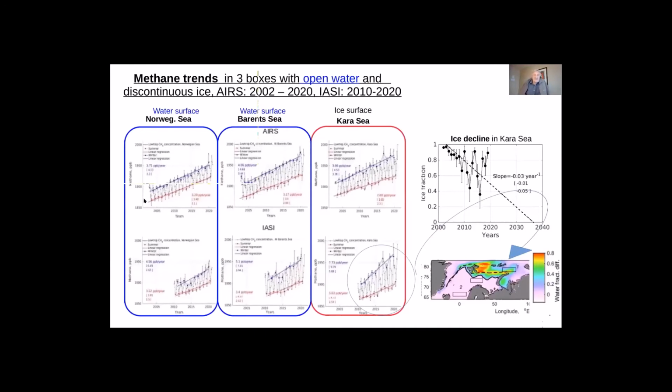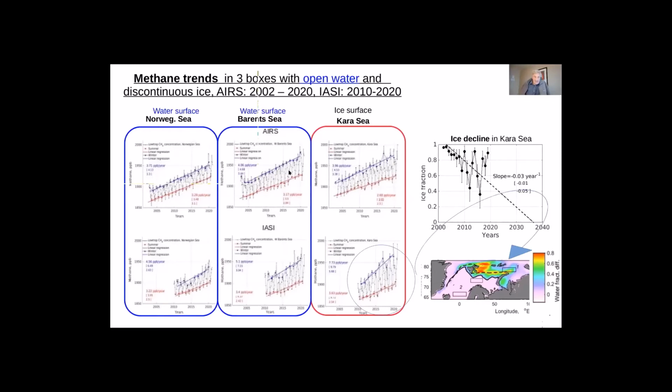Trends in 3 boxes for the whole period of measurements of Earth and EASI. It's a little bit shorter. For water surface and ice surface. For Kara Sea, Barents Sea, Norwegian Sea. And we see that in the Norwegian Sea especially, trends in winter and summer are the same.